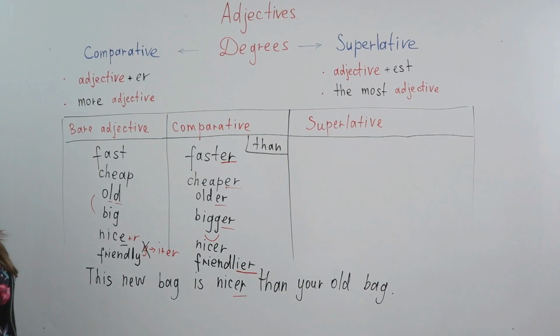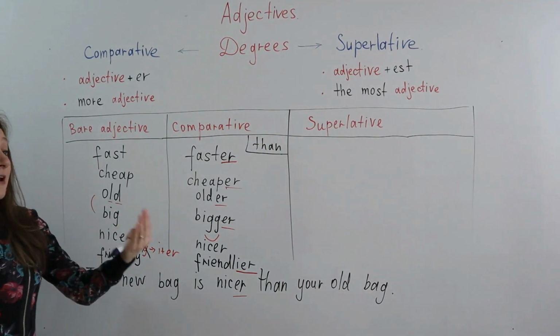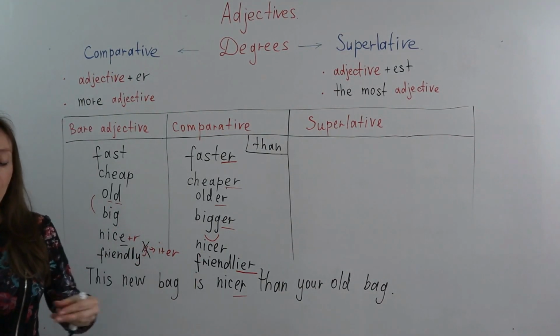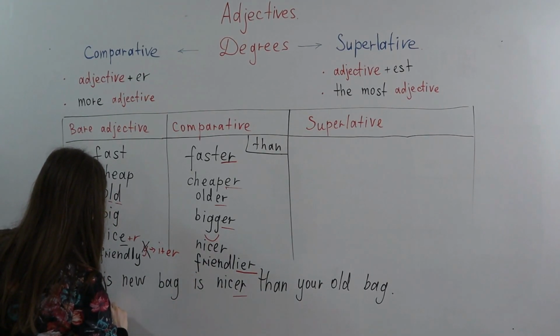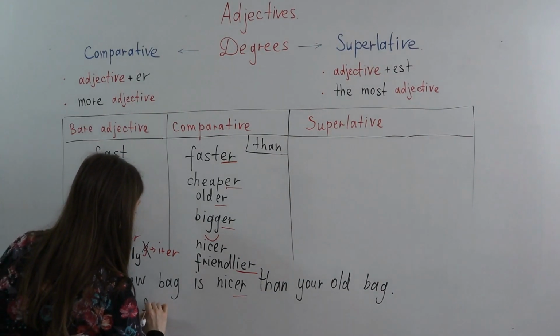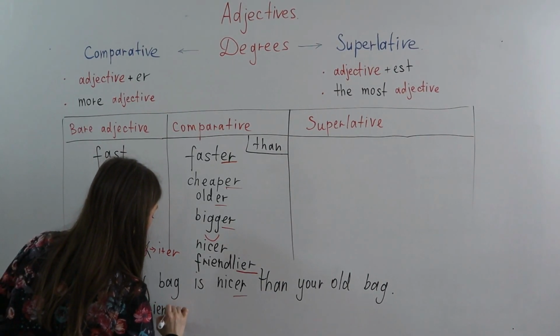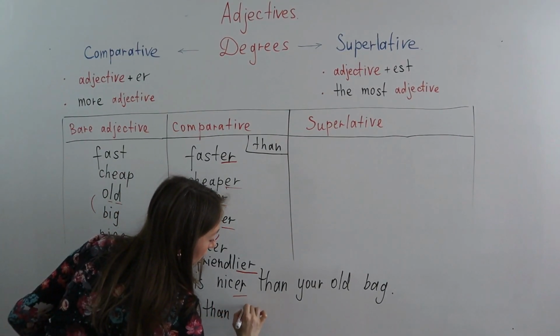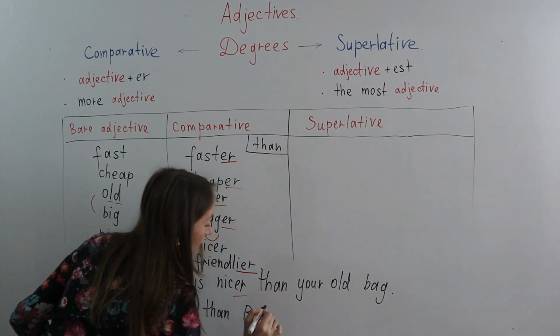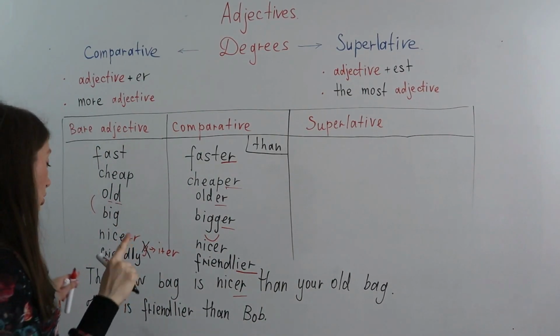And the example, John is friendlier than Bob. So let me write it first. John is friendlier than Bob. So there are two boys, John and Bob.